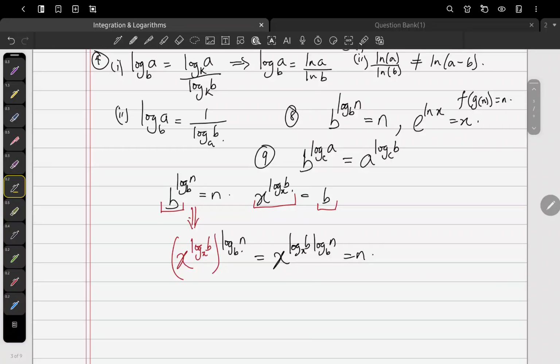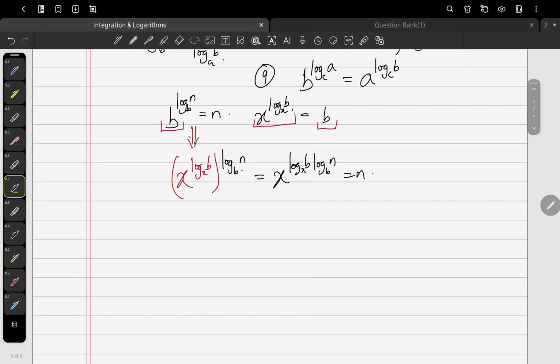And because multiplication is commutative, we can actually switch the powers to become x to the power of log n base b times log b base x. This is also still equal to n.